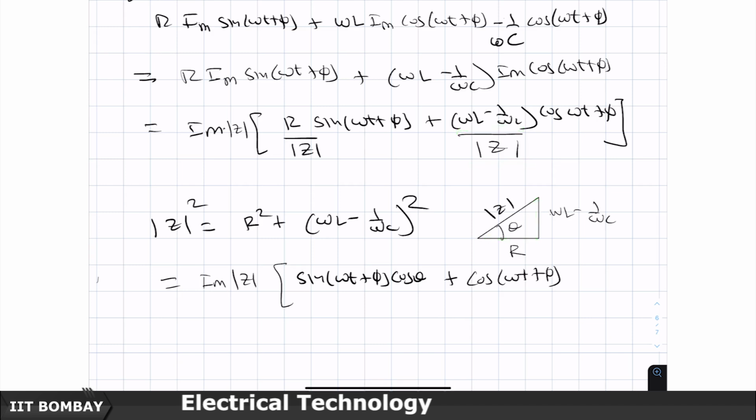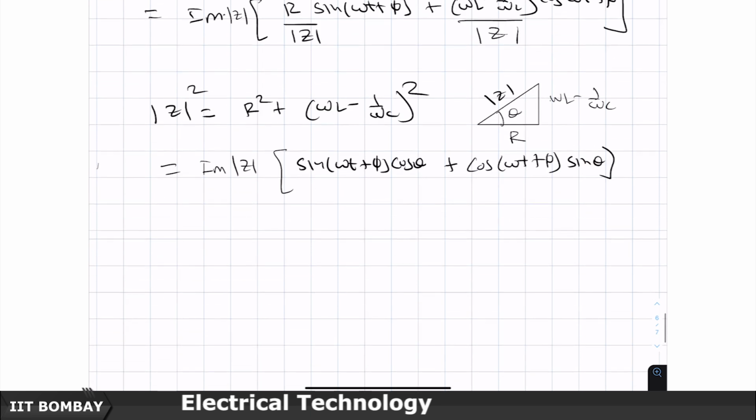So, I will write this as sine of theta, and now you can see that this is of the type sin A cos B plus cos A sin B, which is nothing but sin of A plus B. So, I can write this as sin of omega t plus phi plus theta.